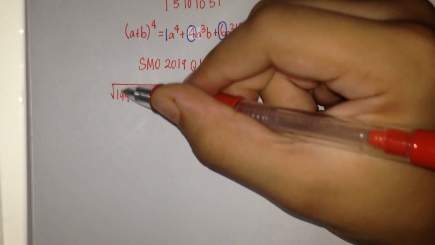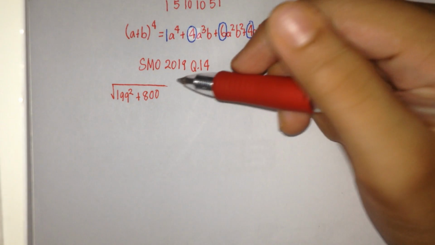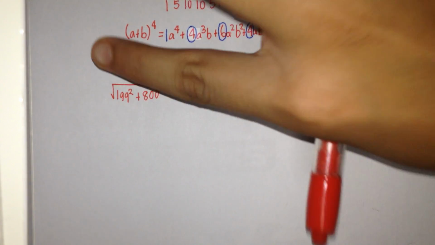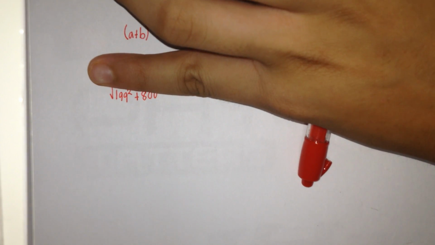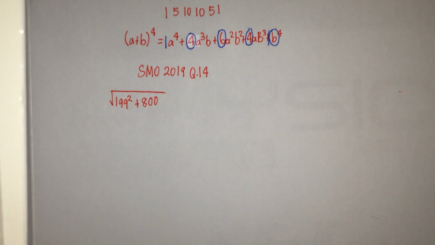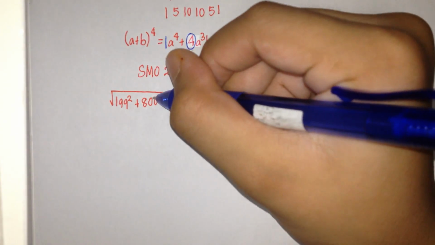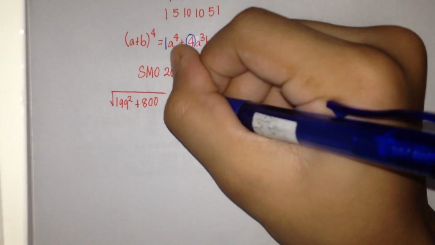Now, if some of you may not know what this means, it means I have a number multiplied by the same number to give you 199 square plus 800. So how shall we solve this? I am going to use a common number between 199 and 200.